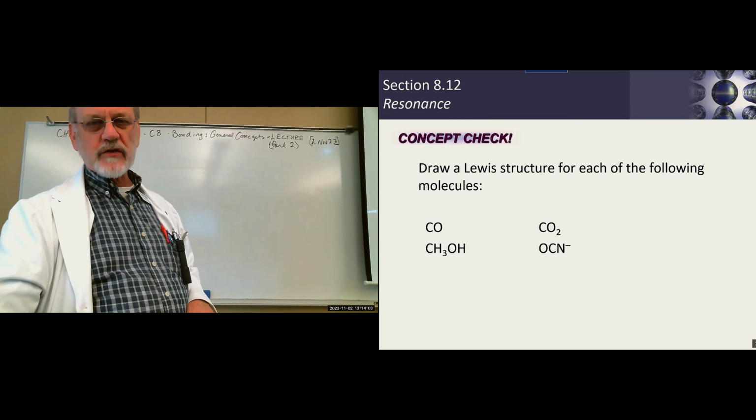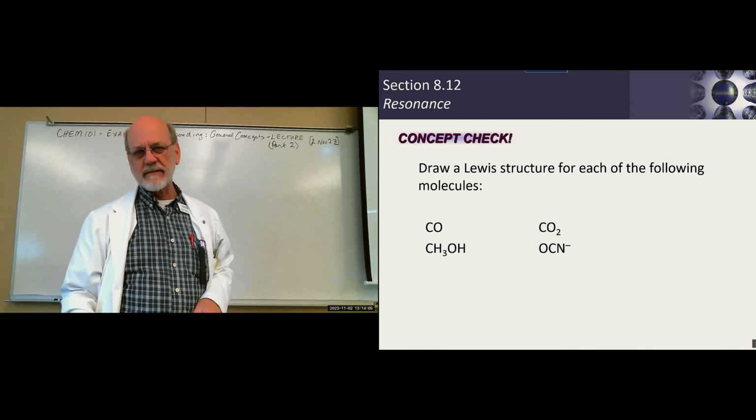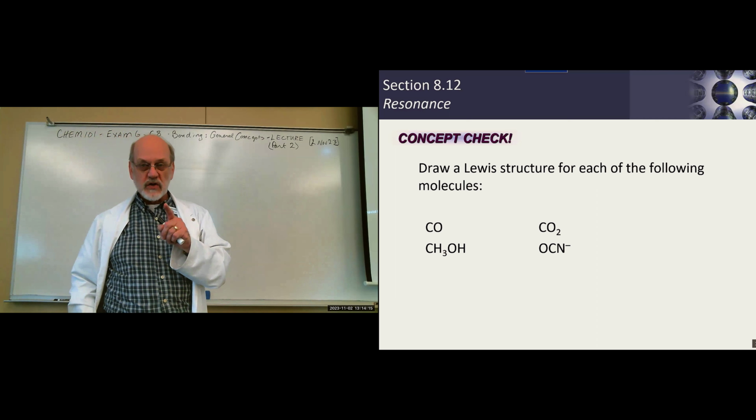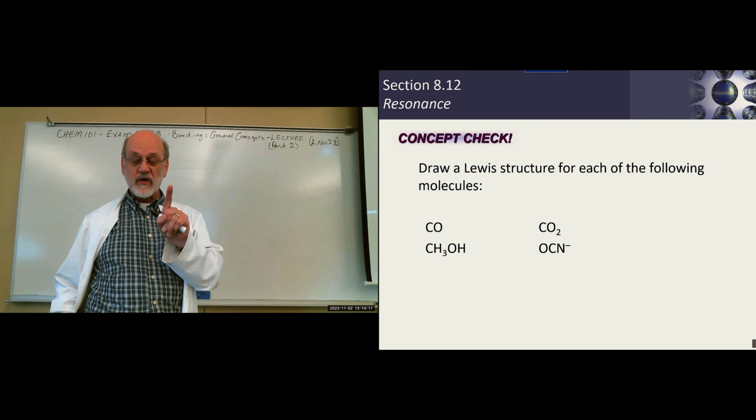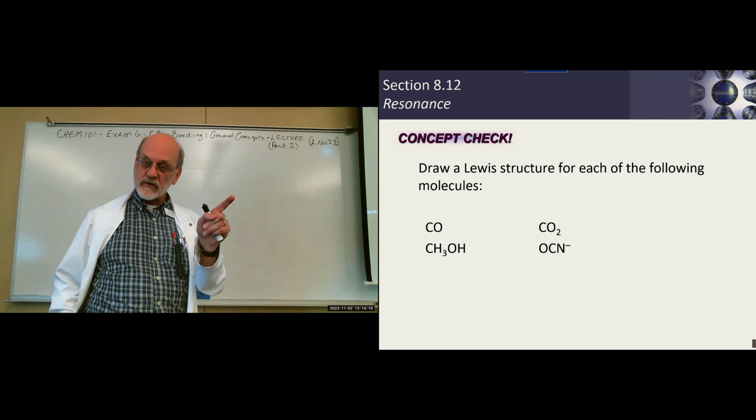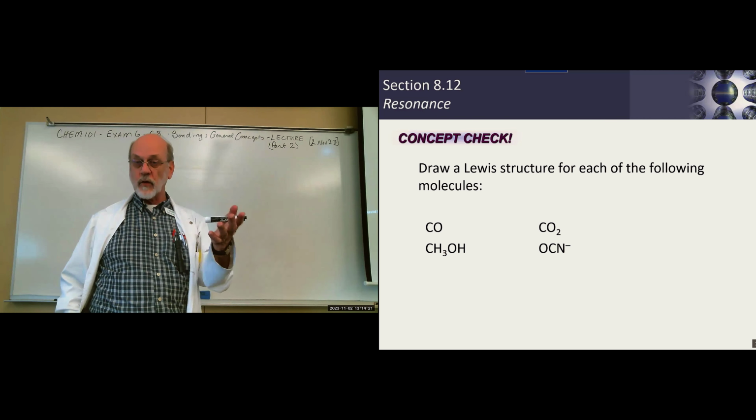If we draw the Lewis dot structures for each one of these, I don't have them drawn out, but in the interest of time, I've got to skip over this one. Just remember that when you have a negative charge, you have to add that charge as one electron, or if it's a 2-, 2 electrons, and so forth, right? If it's a positive charge, then you have to subtract an electron from your total, right?